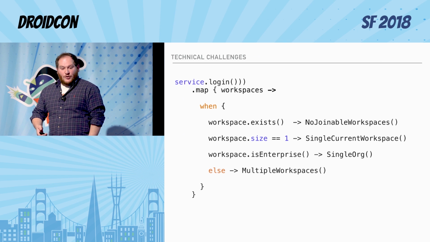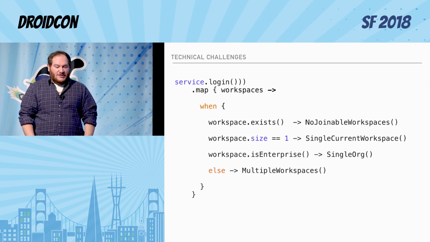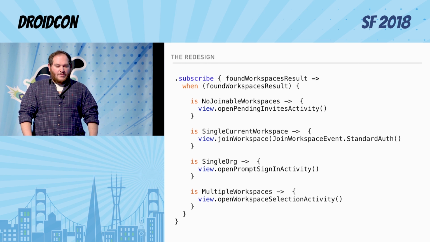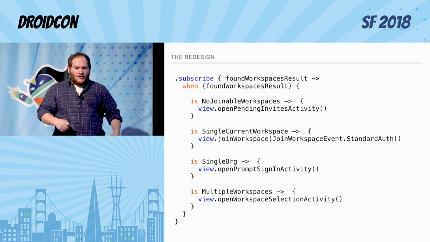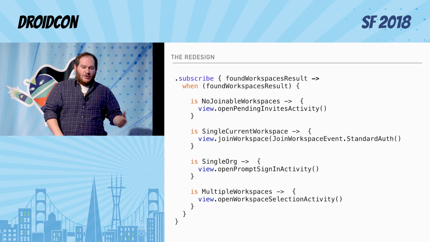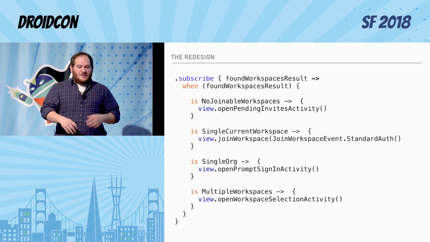And this is actually what I'm talking about. When we're subscribing to a service, we can map to an instance of that sealed class, and then in our subscribe, everything becomes super clean. Everything in Kotlin is pretty super clean anyway. But this was huge, right? This makes code so easy to reason about because it's A, readable English, no joinable workspaces, single current workspace, but also B, super deterministic, you can tell what is going on.